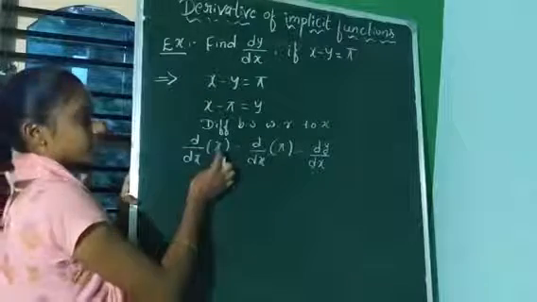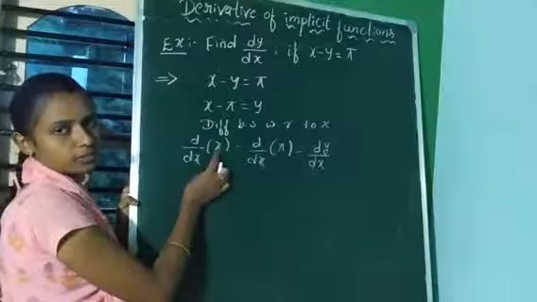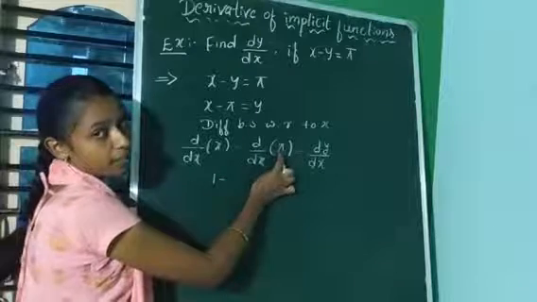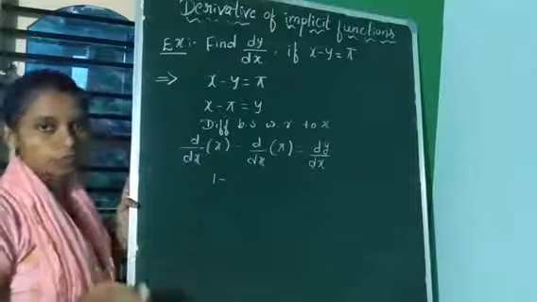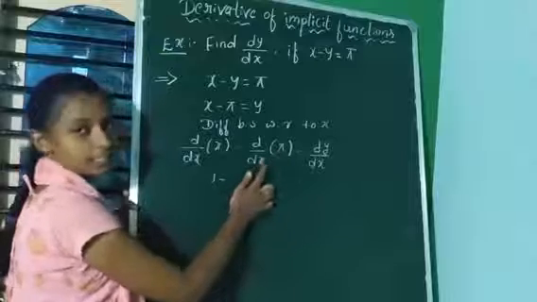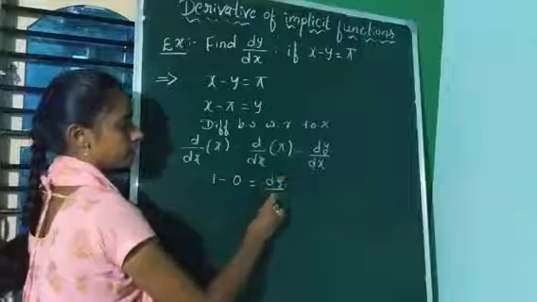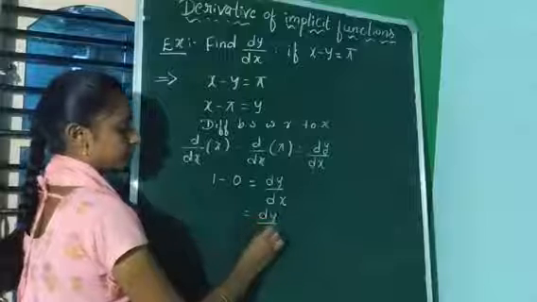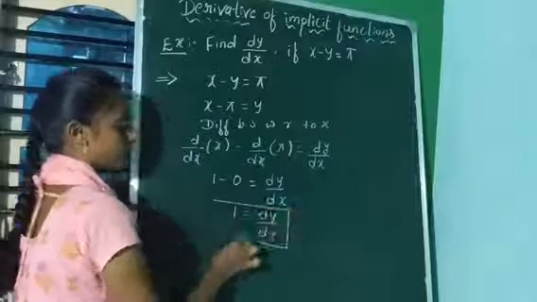The derivative of x is 1, therefore this is 1. Minus pi is a constant, because the value of pi is 3.14, a real value, therefore the derivative of a constant is 0, and this is equal to dy by dx. Hence dy by dx is 1 minus 0, which is 1. This is the derivative of the given function.